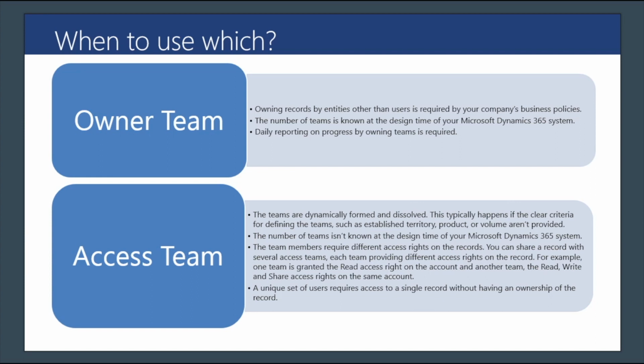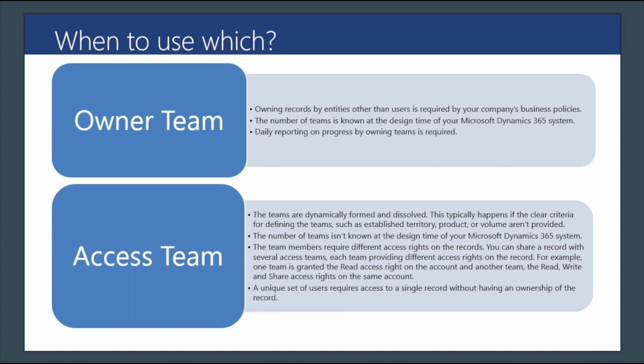Access teams, as we mentioned before, can be dynamically formed and dissolved. Okay? And this is a good option if there's not a clear criteria for team access, or maybe the criteria changes based on the type of record. So if we don't have a clear pattern of this team works on all records of this type in these conditions, and it's variable, then an access team is a good option because you can dynamically create it for a specific record.